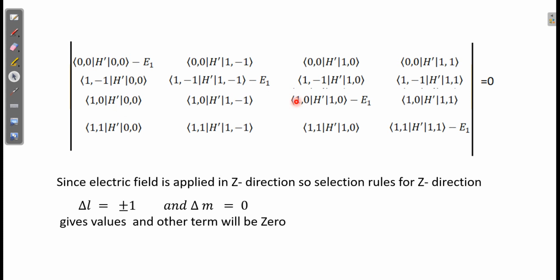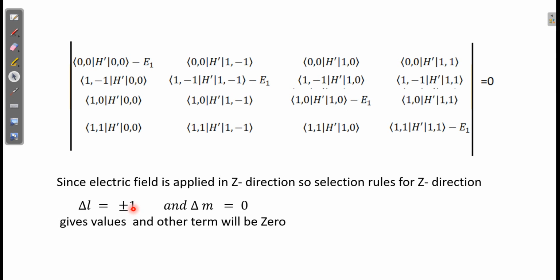1 1, delta L is equal to 0, not possible. 1 1, delta L is equal to 0, not possible. 1 0, delta L is equal to 1, it may be possible, but what is delta M? 1 0, delta M is equal to plus 1, but the requirement is delta M equal to 0 and delta L equal to plus minus 1.